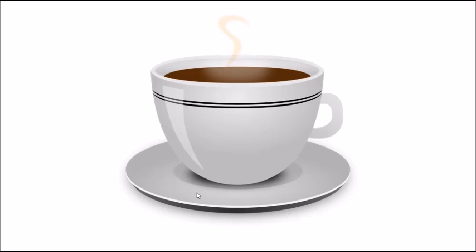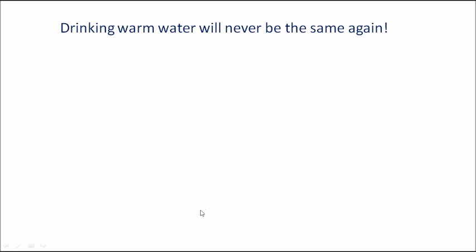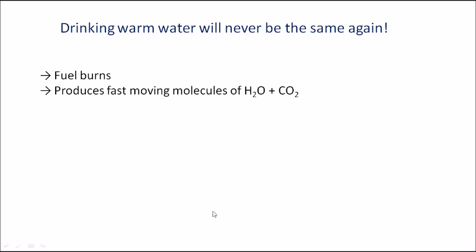Let us look elaborately at the process of heating water and drinking it from this perspective. When a pot of water is heated on a gas stove, several things are happening. First of all, fuel is burning. This produces fast moving molecules of typically carbon dioxide and water.